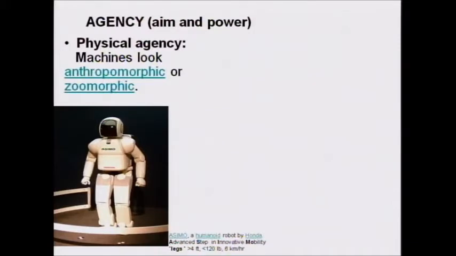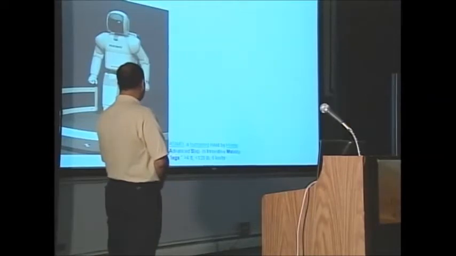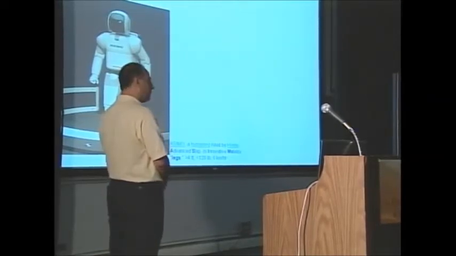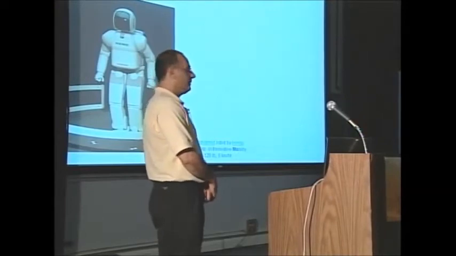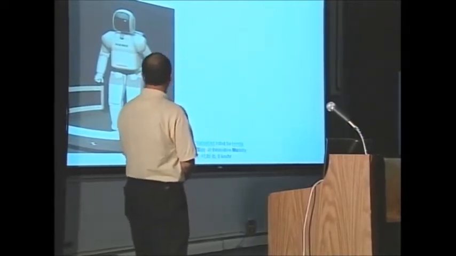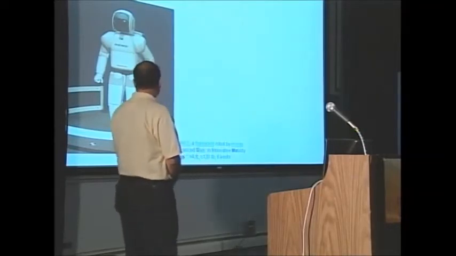Asimo comes from Advanced Step in Innovative Mobility. It's about 4 feet high and 120 pounds. And recently they showed that it can actually run at about 6 kilometers per hour. Definitely faster than I do for my jogging, which is a little bit disappointing, but that's the way it is.